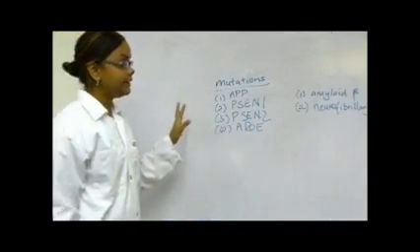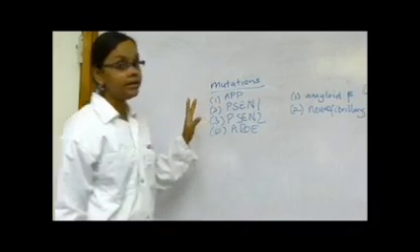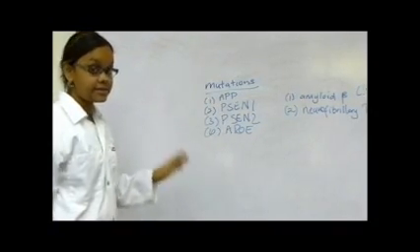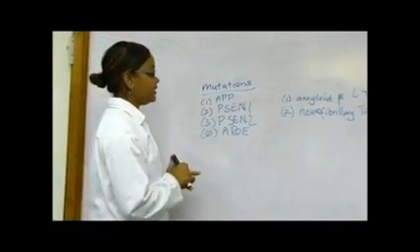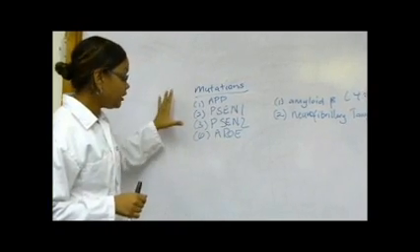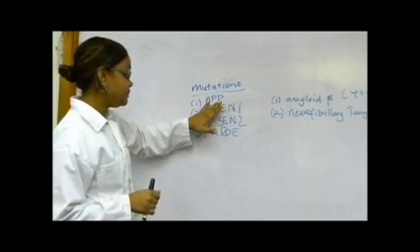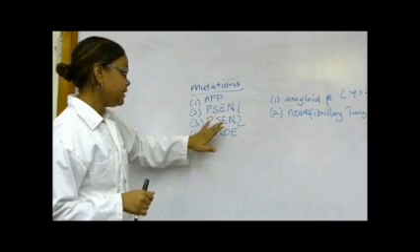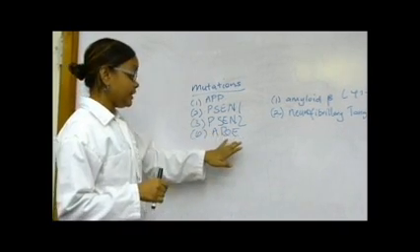Protein misfolding can occur spontaneously or as a result of mutations in genes. In Alzheimer's, it can occur in any one of four genes: APP, PSEN1, PSEN2, or APOE.